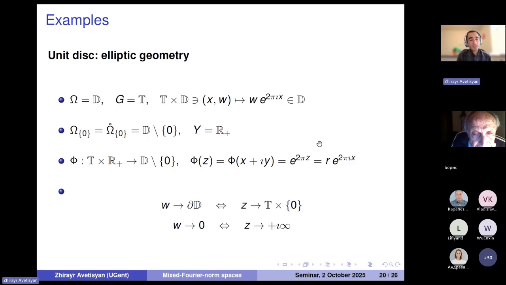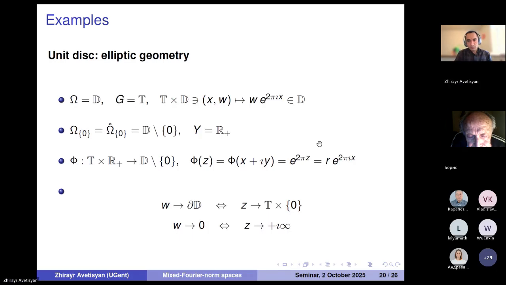The group is the unit circle. G is simply T, the one-dimensional torus. And then the model space is G. So the group action of G on the domain D is given by this complex multiplication.